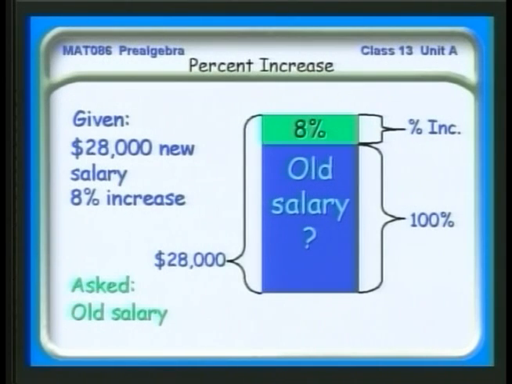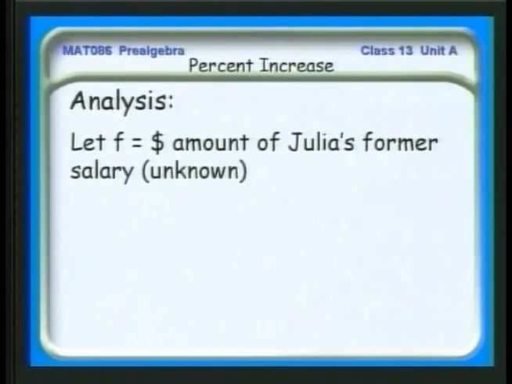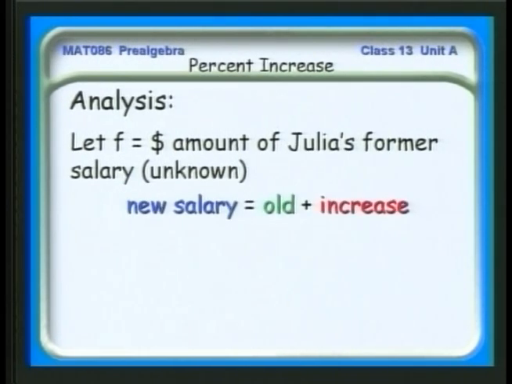We know we have the new salary, and that includes an 8% increase. Let's let F represent the amount of her former salary. We don't know that, but we can use the definition. The new salary is the old one plus the increase. Let's do this. The old salary is F.